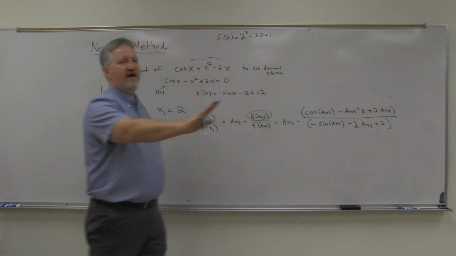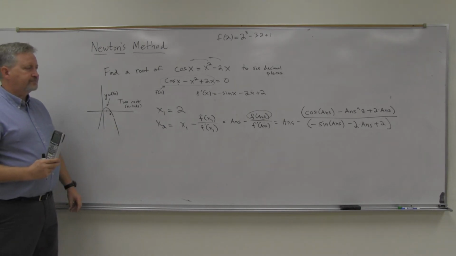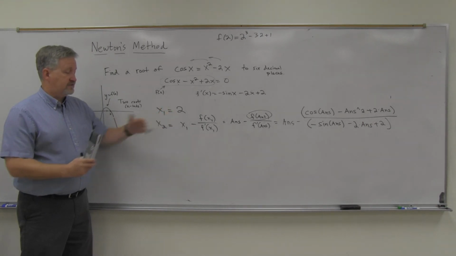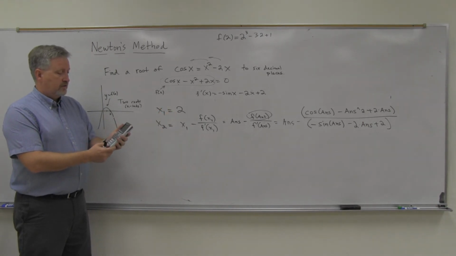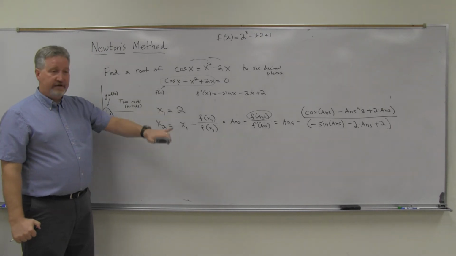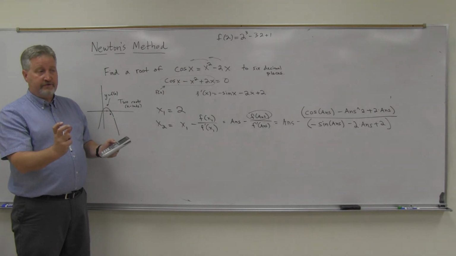Minus 2 times ans plus 2. If you enter it like that, then it's just hitting the enter key over and over again. Now, again, the first thing you need to do, though, is hit 2 and then enter. Back on the calculation screen, 2, hit enter. That sets in 2 as the answer.